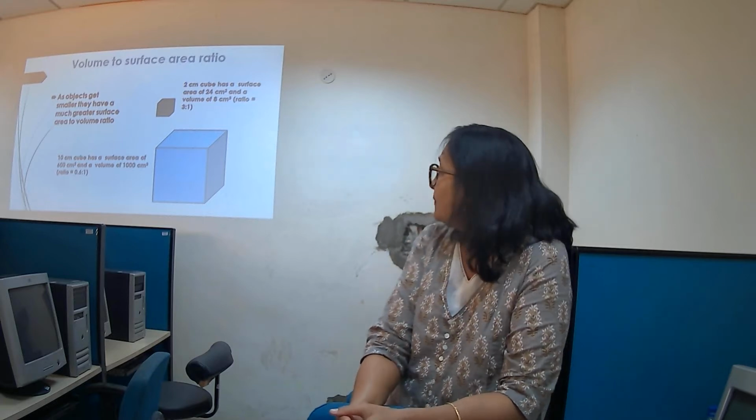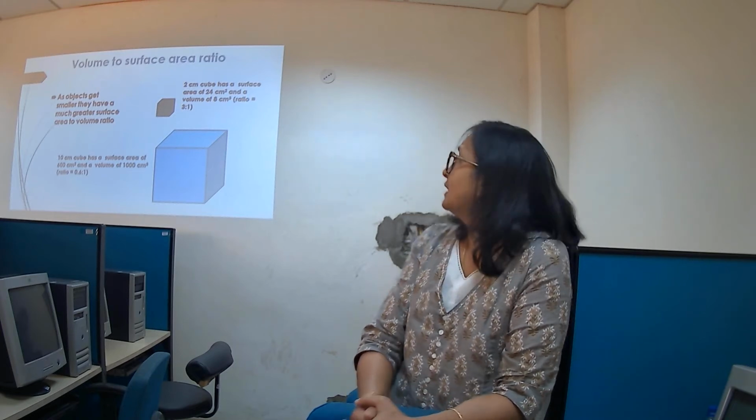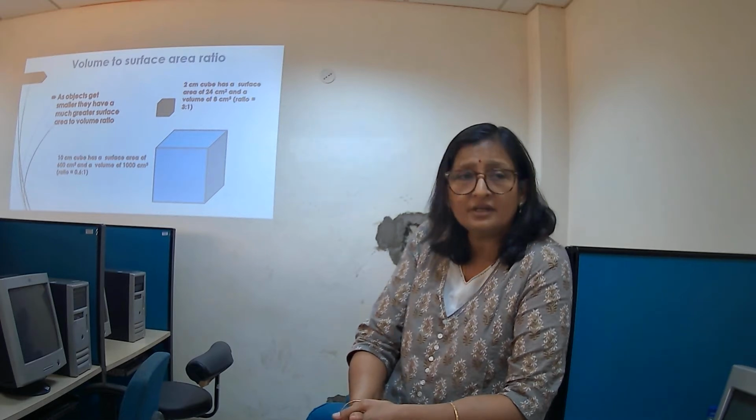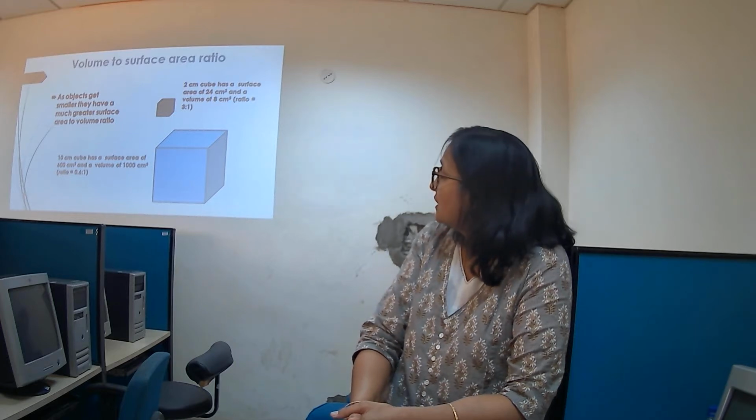You can see a 10 centimeter cube and a 2 centimeter cube. The surface area of the 2 centimeter cube is about 24 centimeter square, whereas the surface area of the 10 centimeter cube is 600 centimeter square.